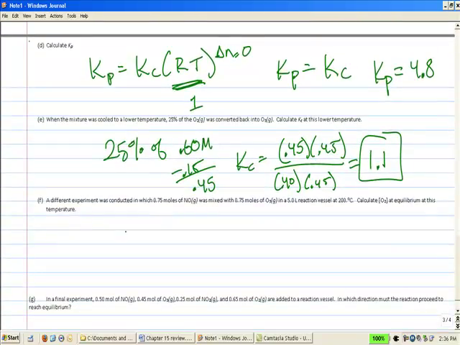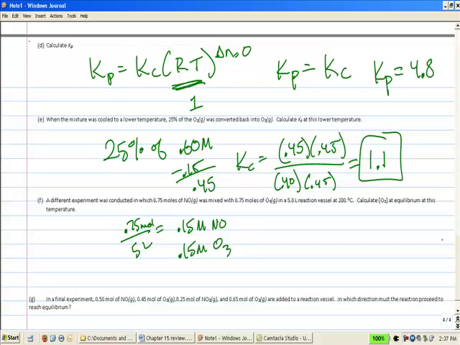So if we have 0.75 moles of NO in a 5-liter container, 0.75 divided by 5 gives us a concentration of 0.15 molar NO. And the same thing for O3, 0.15 molar O3. And what they want to know is the equilibrium concentration of oxygen at this temperature.